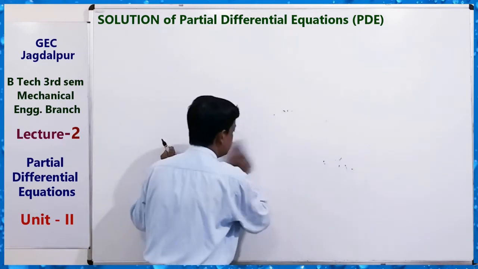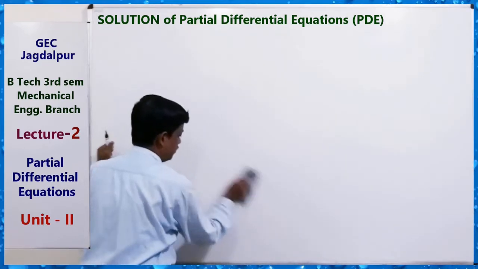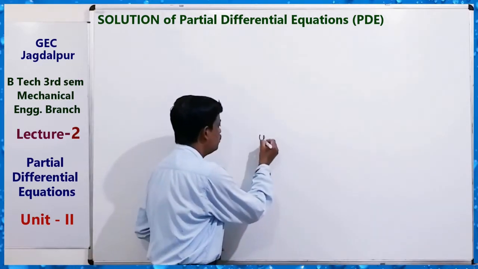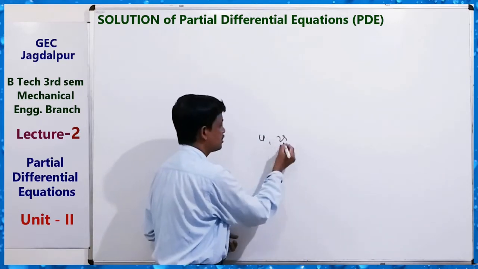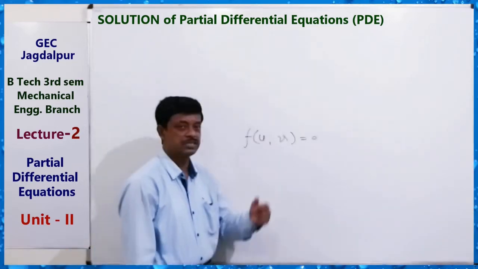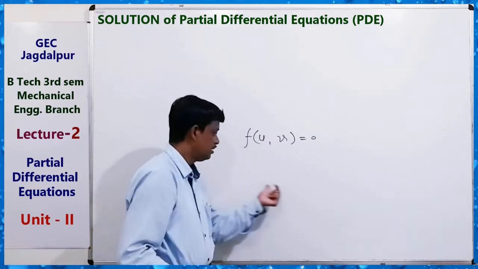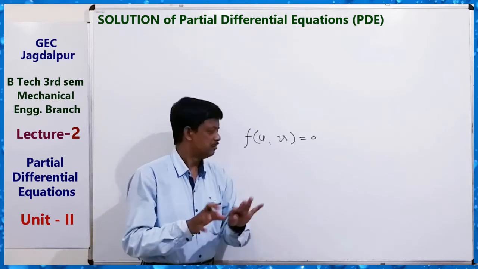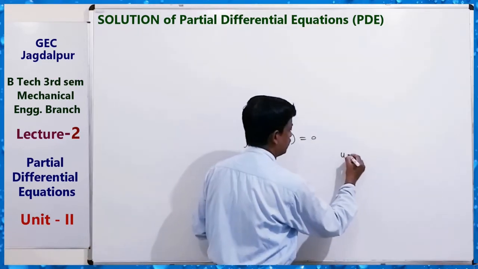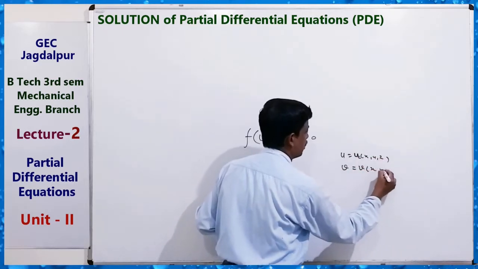Suppose we have a relation between u and v, as we already discussed in the previous class, where u is a function of x, y, z, v is also a function of x, y, z, and these two are connected by a functional relation f.